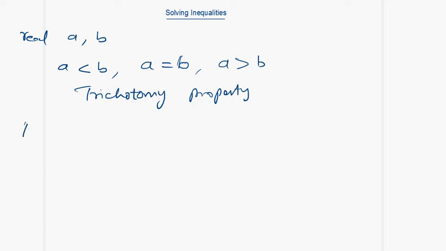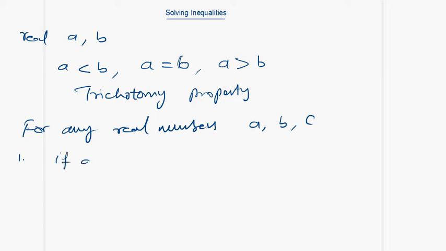For any real numbers a, b and c, if a is greater than b, then a plus c is greater than b plus c, which means a real number can be added to both sides of the inequality and produce an equivalent inequality.